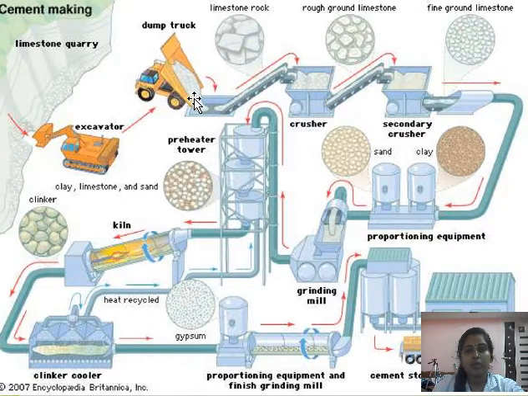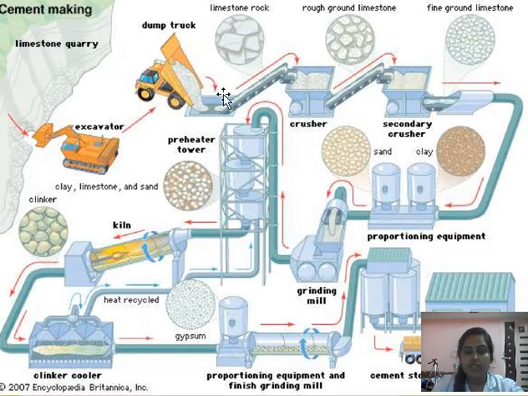It goes to the wet grinding mill, and there it is crushed. If you take limestone as the raw material, the limestone goes to the crusher, for primary crushing and secondary crushing.